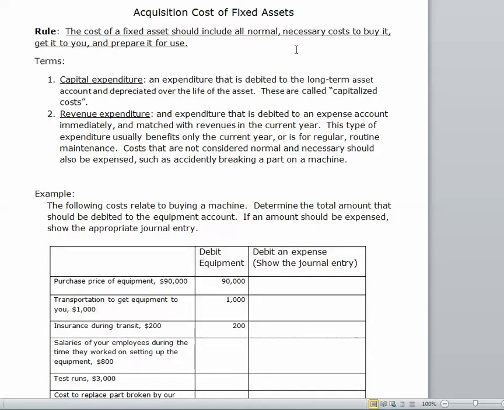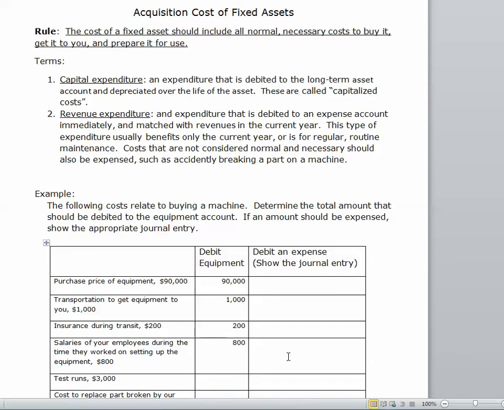Scroll back up to our rule here. The cost of that asset should include normal necessary costs to buy it, get it to you, and prepare it for use. That means that you need to figure out how much of your workers' time was spent doing their regular job, which will flow into salaries expense, and how much time they spent working on setting up this machine, because that time will be debited to the equipment account.